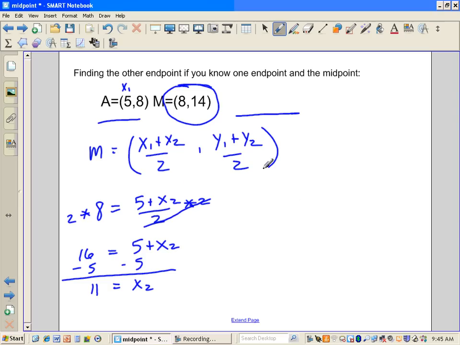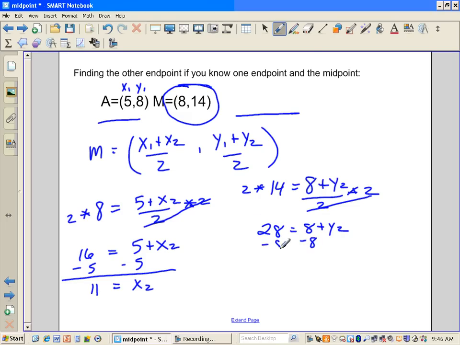I'm going to set up a similar equation for my y values. My y midpoint is 14. So 14 is equal to my y1, which is 8, plus y2, I don't know, divided by 2. Again, multiply by 2 on both sides to get rid of the divide by 2. So 28 is equal to 8 plus y2.